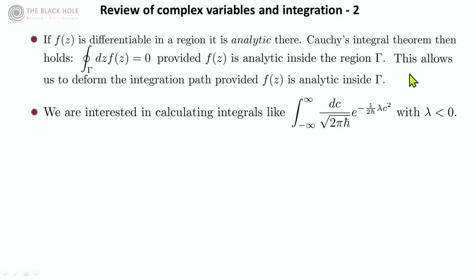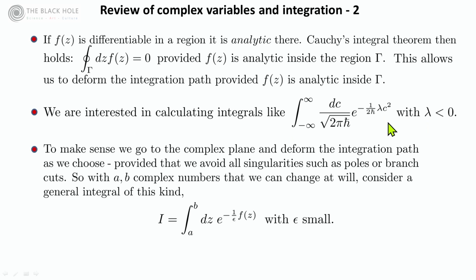Okay, so we're interested in calculating an integral like this, as I said before, with lambda negative. So what we will do is go to the complex plane and deform the integration path as we want, provided we obey the rules. That is to say, we avoid all singularities, such as poles, branch cuts, essential singularities, whatever.